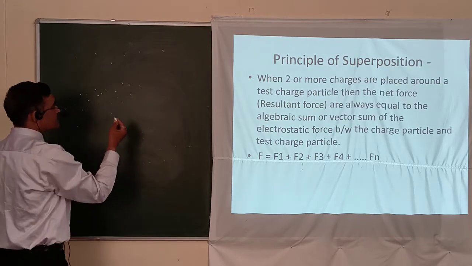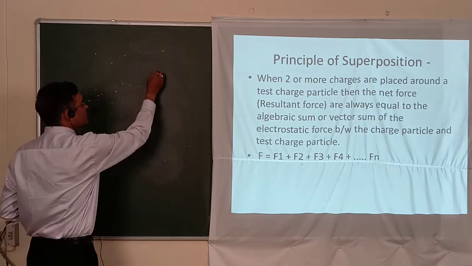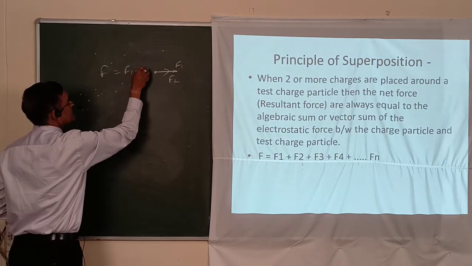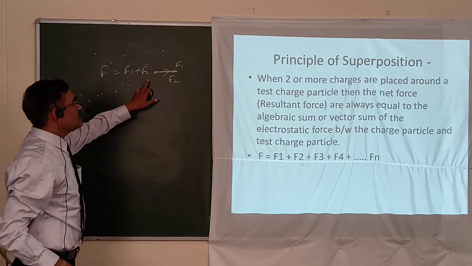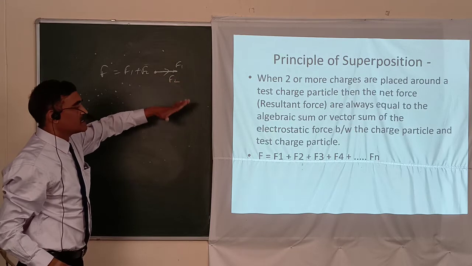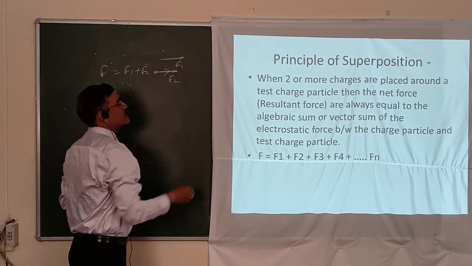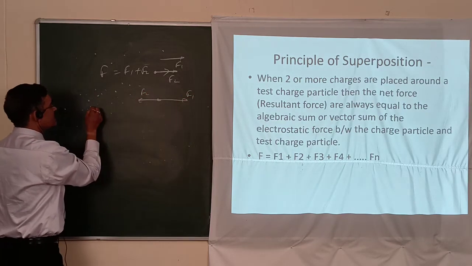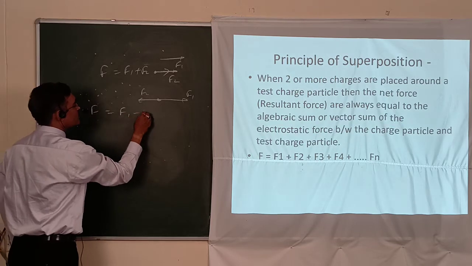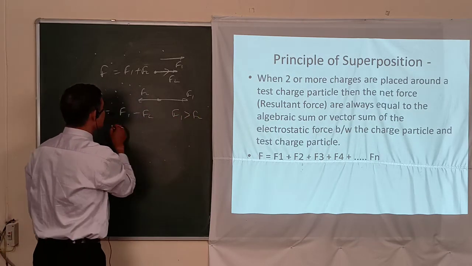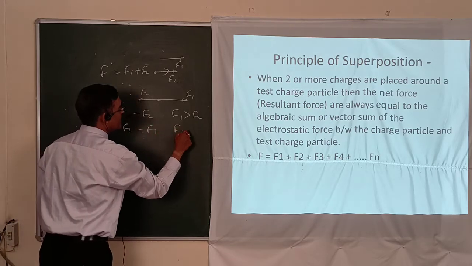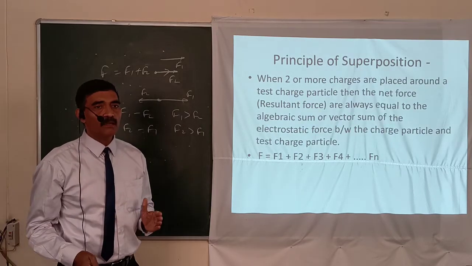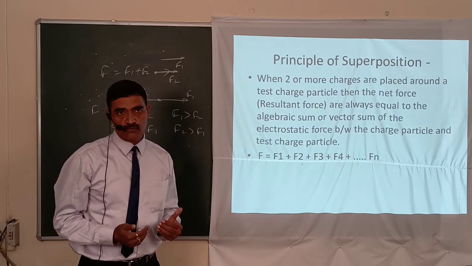If two forces act at a point in the same direction, the magnitude of the net force will be the sum of the magnitudes of the two forces, and the resultant will be in the same direction. Similarly, if the two forces act opposite to each other, the net force will be the difference of the two forces, F1 minus F2 if F1 is greater than F2, or F2 minus F1 if F2 is greater than F1. The direction of the resultant will be along the force of higher magnitude.